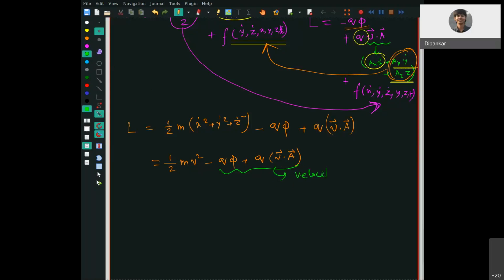So this is an example of a velocity dependent potential, if you can call it even a potential. As it happens, we do not call these things potential. As we go on, we will see that the only kinetic part we call the free Lagrangian.